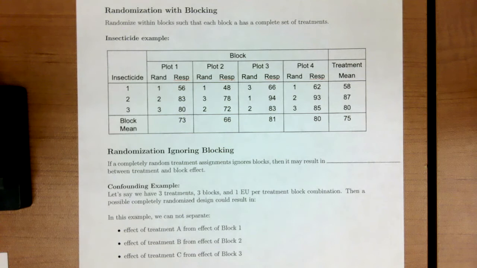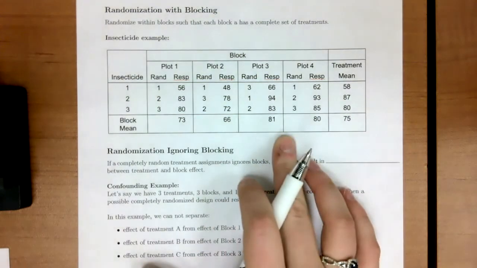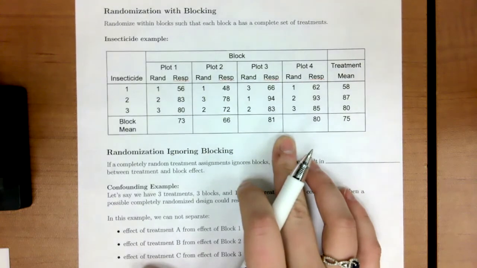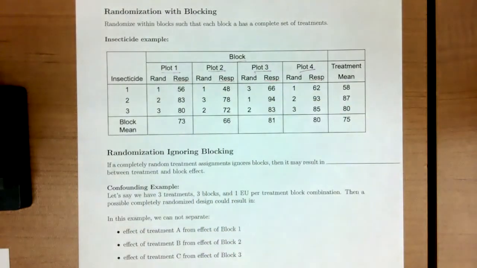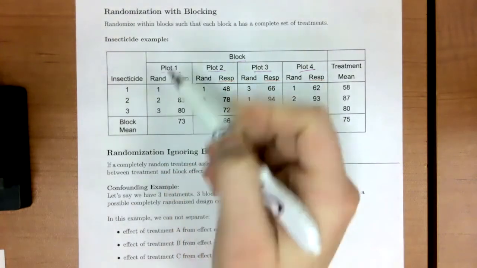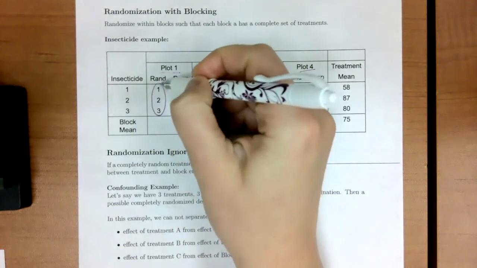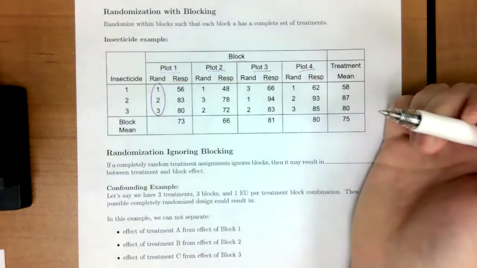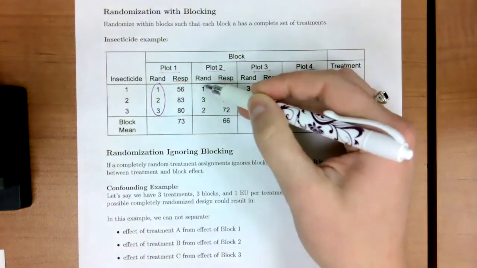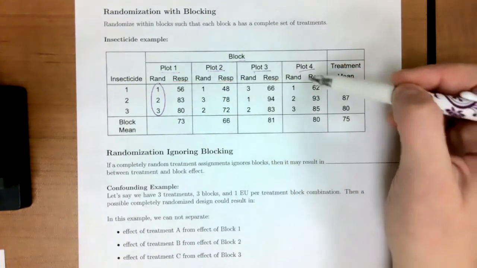So with randomization, we say that the randomization is done within each block. So this table we have here of the insecticide data kind of shows us how we want to randomize. So with 4 plots, which again are our blocks, we have done 4 randomizations. And so in plot 1, here's our randomization. We just did 1, 2, 3 for our insecticide, and then that's our response. Again, randomized the rows, randomized and randomized.